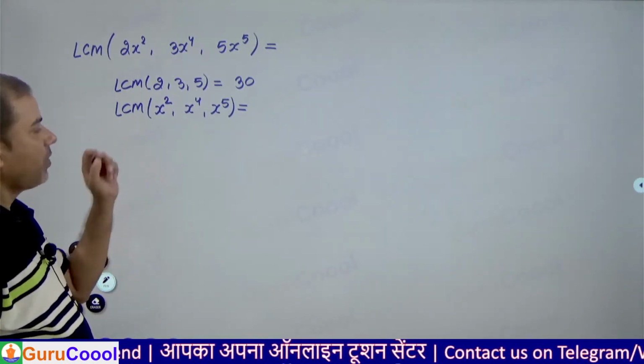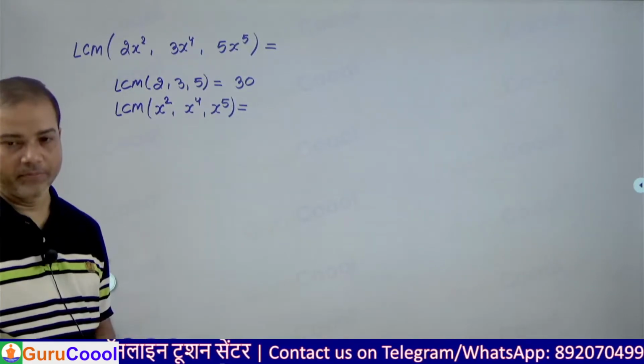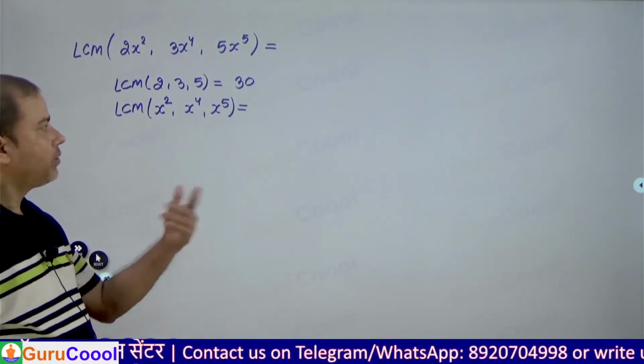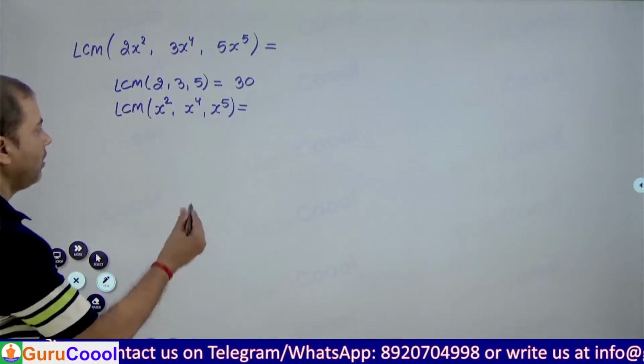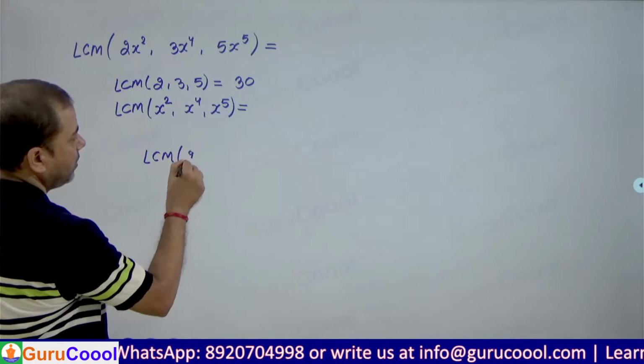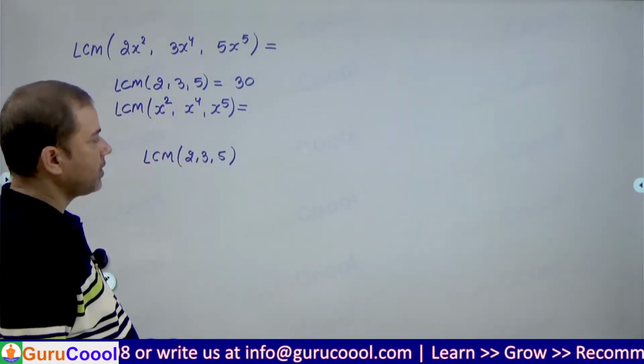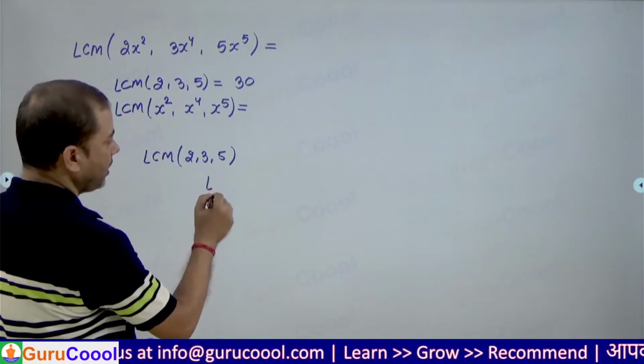M stands for multiple. Multiple is never smaller. Multiple is always greater or equal. What do I mean? If you take LCM of 2, 3, 5, which is the largest number? Largest number is 5.